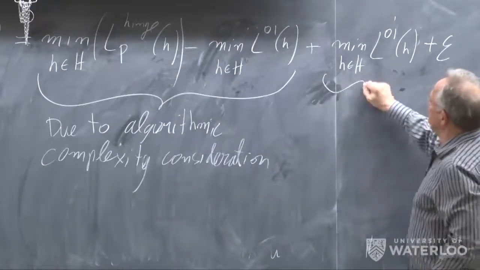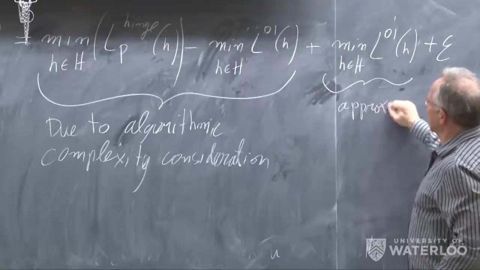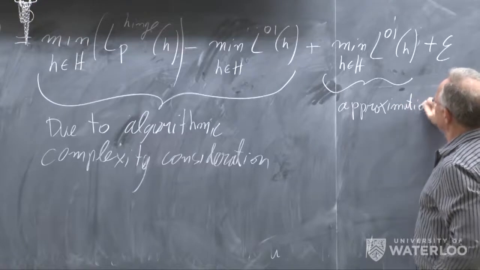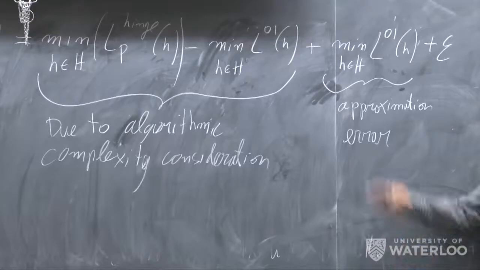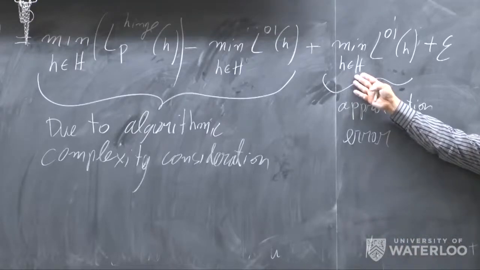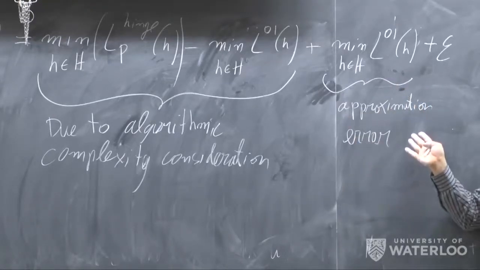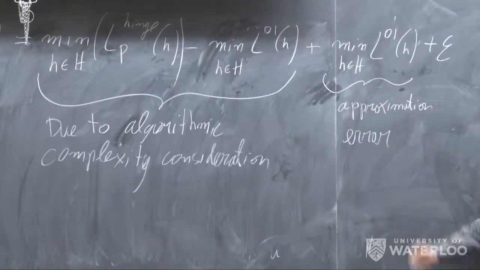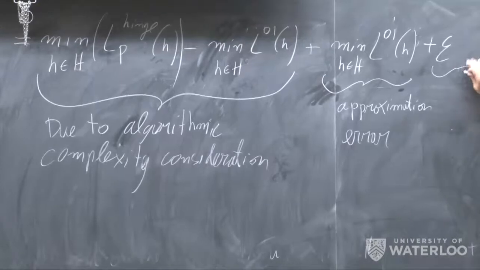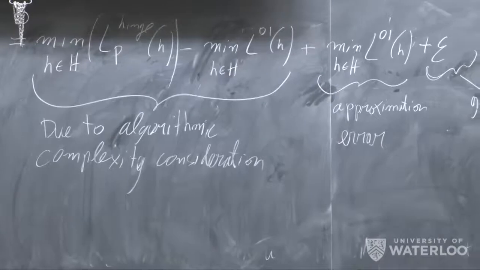Now, this next term is what we already call the approximation error. This is inevitable. If I'm trying to predict with a member of the class H, I cannot do better than the best one in H. So this is due to the choice of my class. I want to choose a class that has a small approximation error. And this last term, epsilon, is the generalization error.